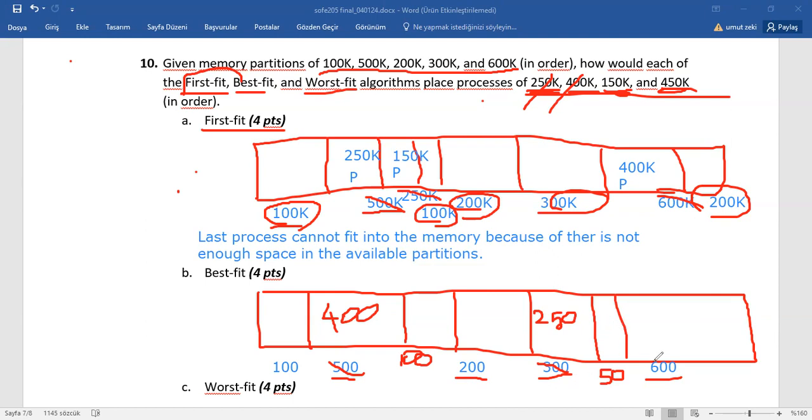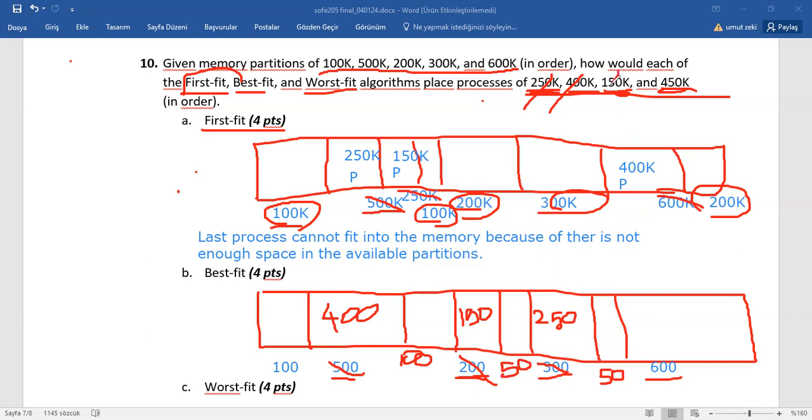This one cannot fit, this one can fit. Which one is better? This one, because it is closer to 400K. So I will put 400 here, and I have a 100 partition remaining. The third one is 150. The smaller ones cannot fit; this one can fit, but which is the closest to 150? 200. So I will put 150 here, and I have 50 remaining.